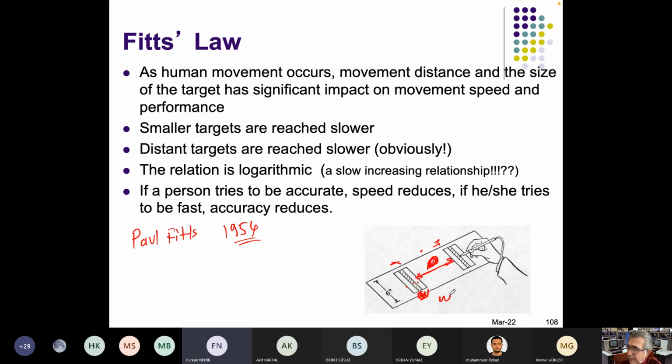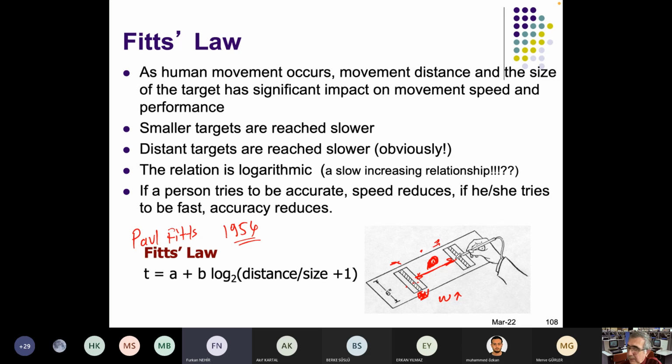As the width increases, performance is better. You can hit faster for the bigger targets, and for the distant targets, obviously, it takes longer. But the ratio was logarithmic.